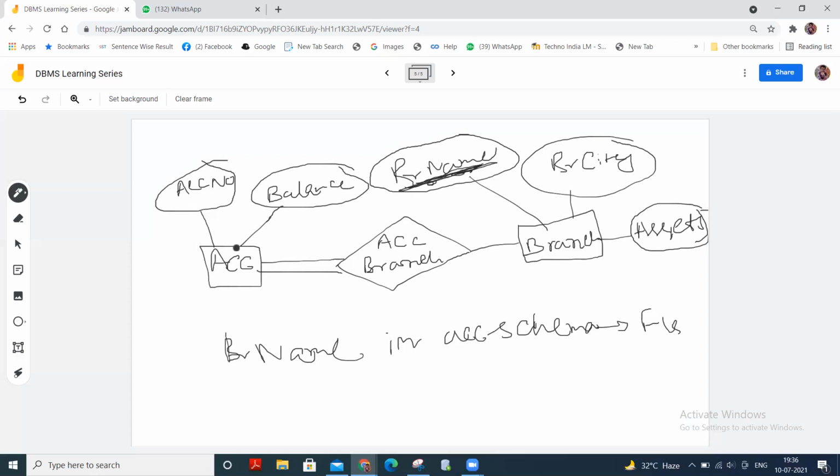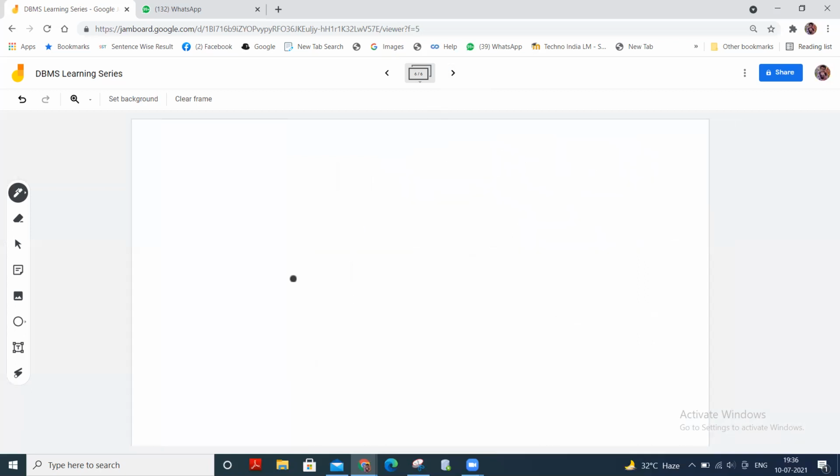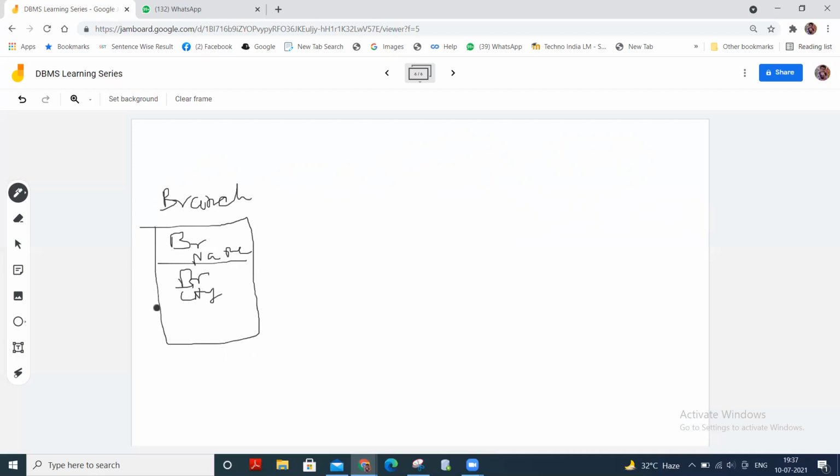And in the schema diagram for our banking enterprise, each relation appears as a box with the attributes, like as I'm doing. Suppose it is the branch table. These are the attributes: branch name, branch city, and the next one is assets.